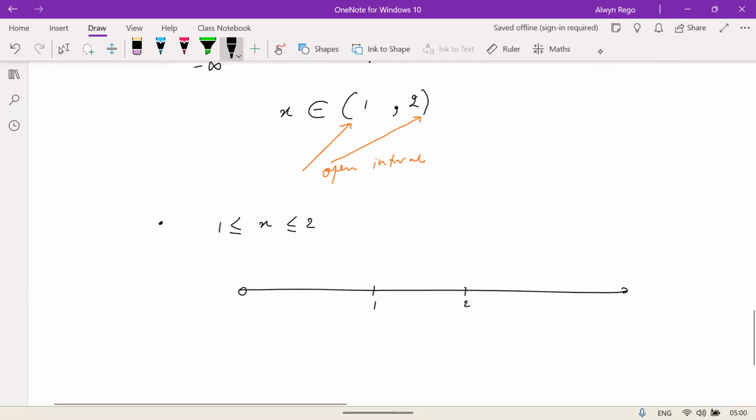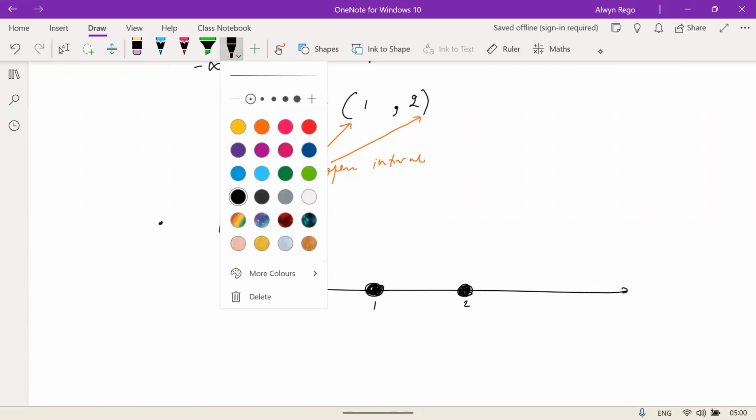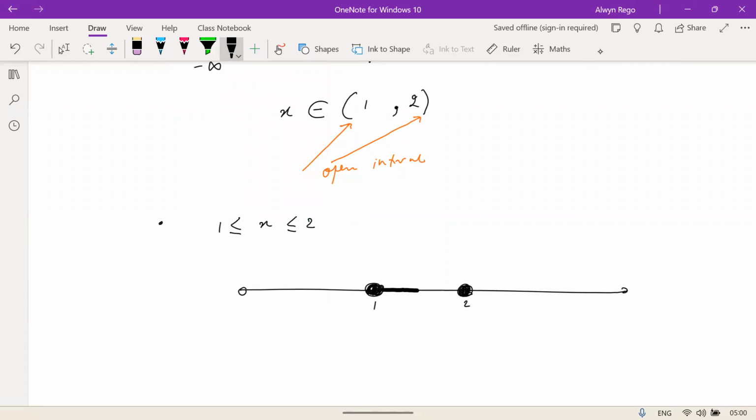And you can circle this, but you also got to darken this, indicating that the value 1 is included, the value 2 is included, and you got to also darken the area between 1 and 2. All the values between 1 and 2, including 1 and 2.